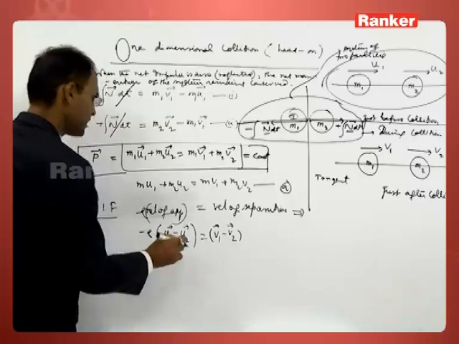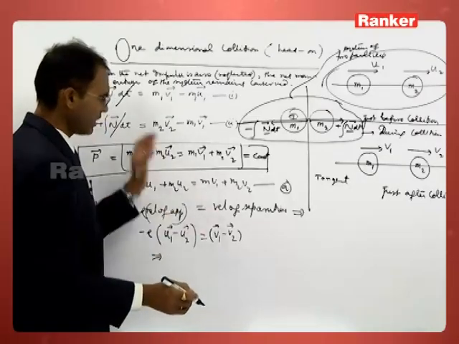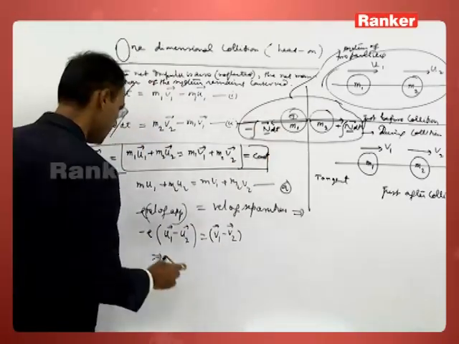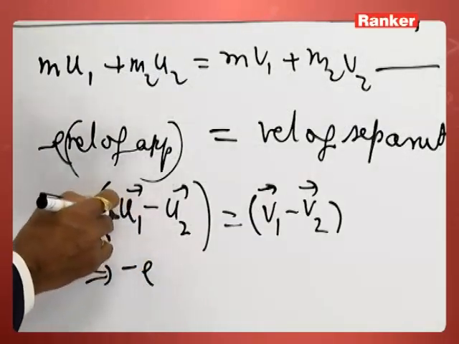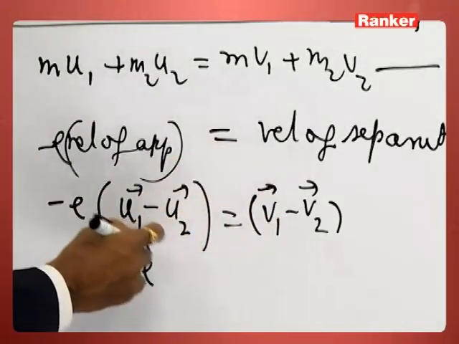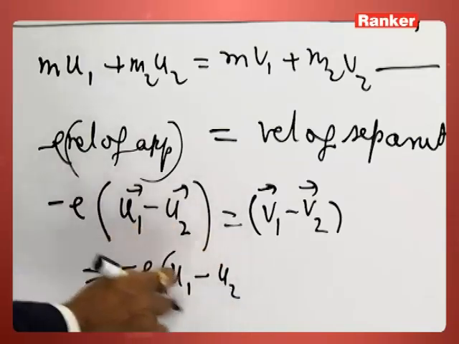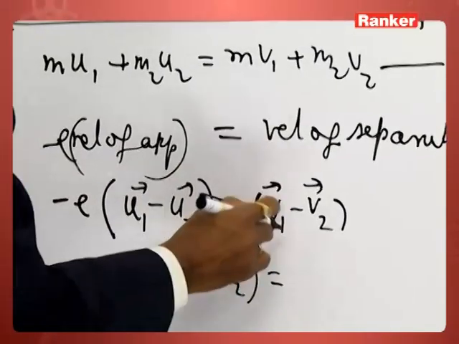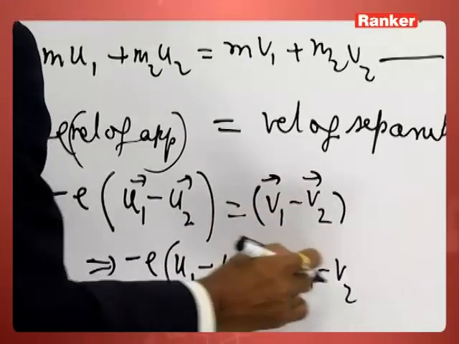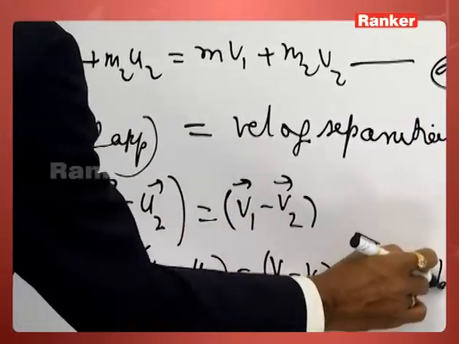And without any vector sign, because all the vectors are pointing along positive x direction, you can write all these vectors as scalars. U1 is plus U1, U2 is plus U2, V1 is plus V1, V2 is plus V2. In this way also you can write.